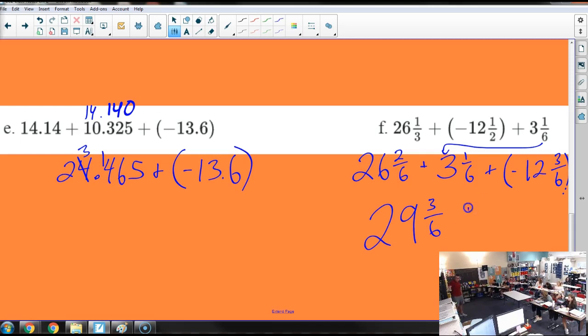Now, for the positives, grouping the positives together, then minus 12 3/6, or negative 12 3/6. Can I do the partials? Am I able to do 3/6 plus a negative 3/6? Oh yeah, because 3/6 is a half, and this negative is really a half, and yeah, those cancel each other out, right?